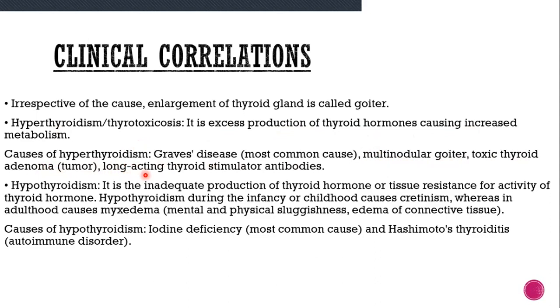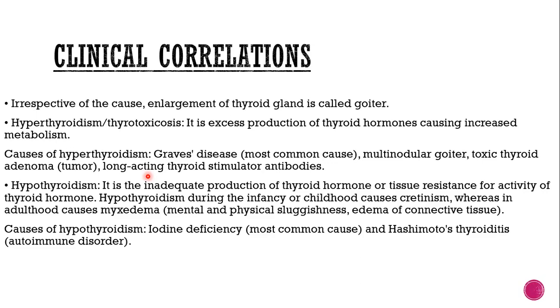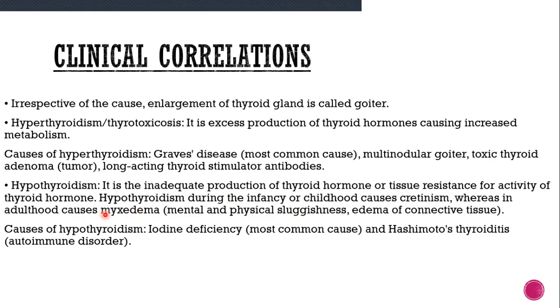Hypothyroidism is the inadequate production of thyroid hormone, or tissue resistance to the activity of thyroid hormone. Hypothyroidism during infancy or childhood will cause cretinism, whereas in adulthood it will cause myxedema, which is mental and physical sluggishness and edema of connective tissue.